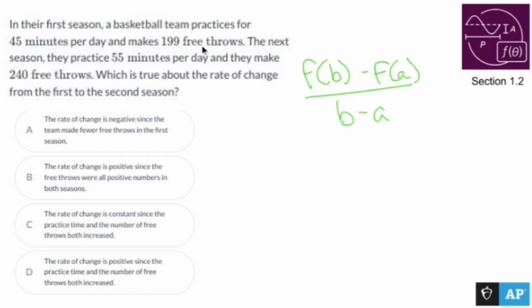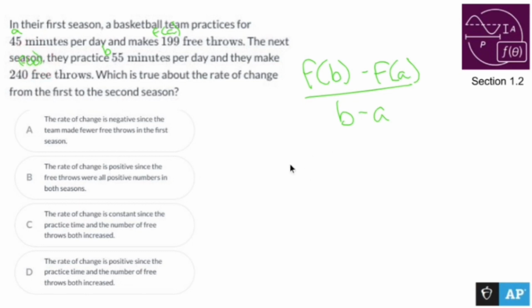Now, in this case, a could be 45, which means when I plug in 45, I get out f of a, which is 199. So b would be 55, and when I plug in b, I get 240, which is f of b. I know you can barely see that, but you get the idea.